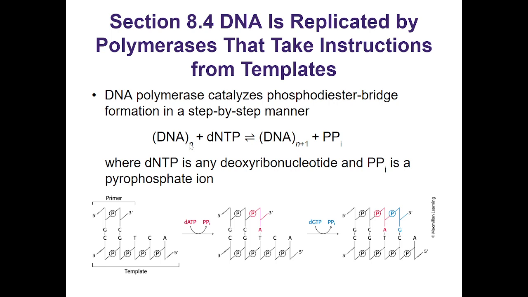So that's the number of DNA bases is N. We then add a deoxy, see the D. What does NTP mean again? It's any of the nucleotides, right? Yeah, so this would be ATP, GTP, you get the idea.